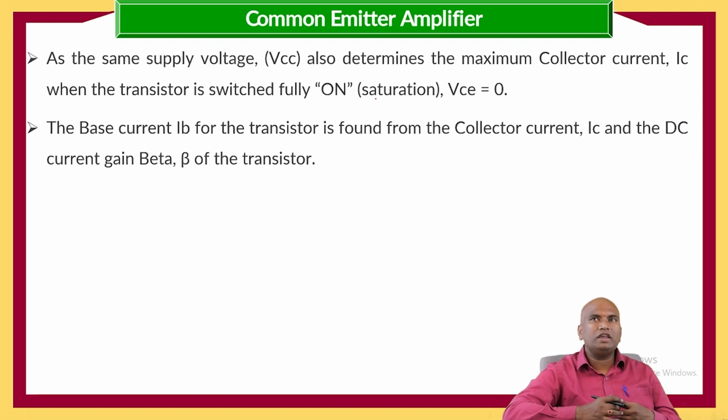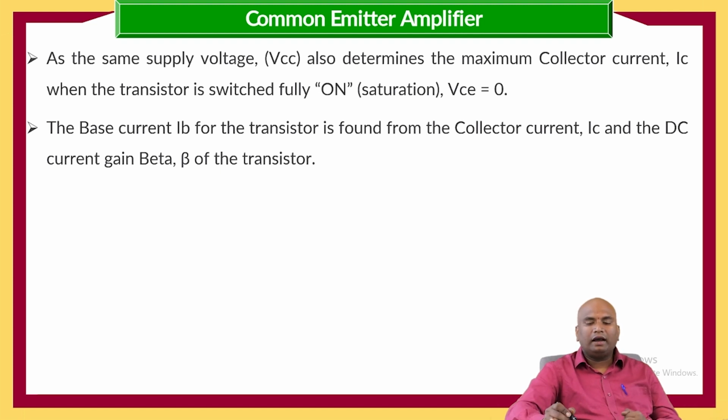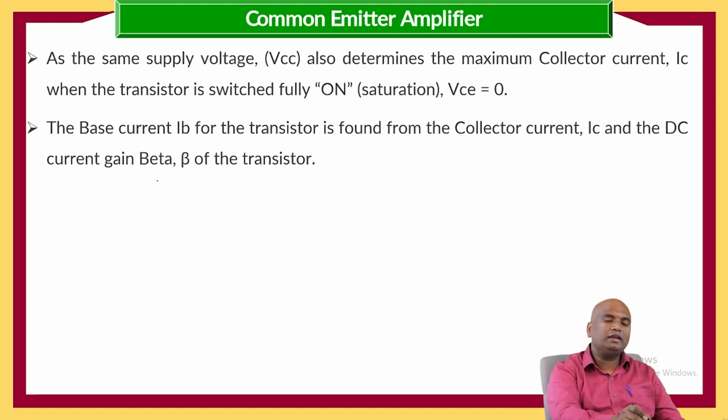When the transistor is fully on, the collector to emitter voltage is 0, which gives us the maximum collector current, where the base current for the transistor is found from the collector current IC and the DC current gain beta of the transistor.